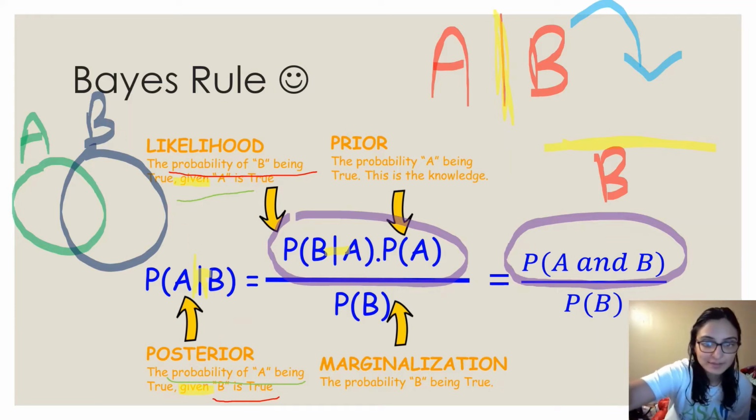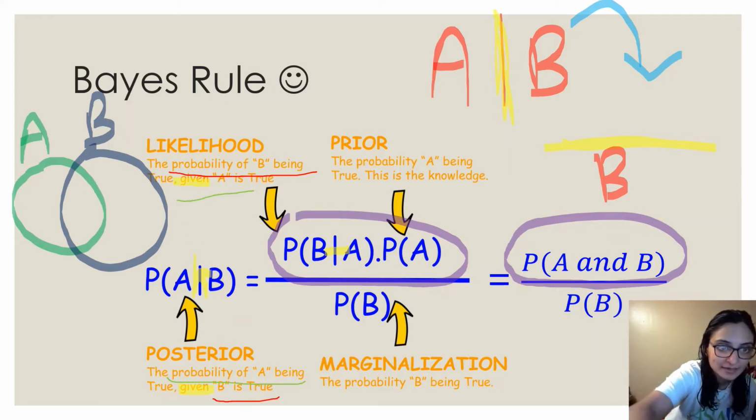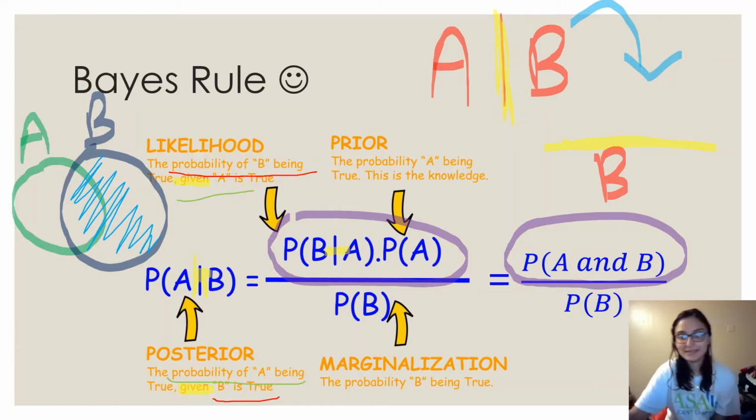So now that B has happened, what is the probability that A will occur?